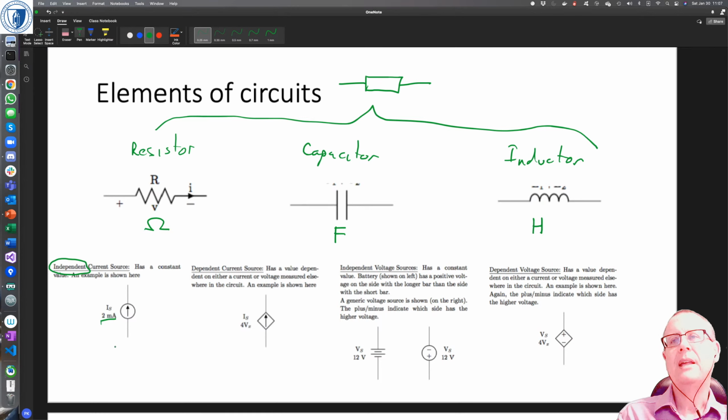There are also these diamond sorts of current sources, and this is a dependent source. Dependent sources don't have a fixed value. They have a value that changes based on another variable in the circuit. So here this current is 4Vx, so it's related to Vx.